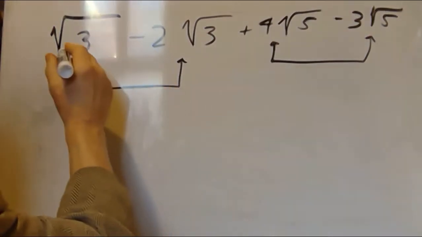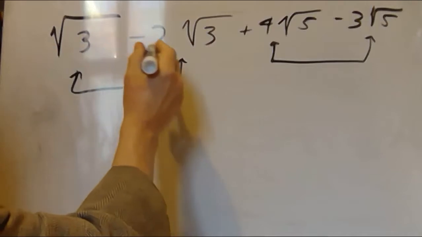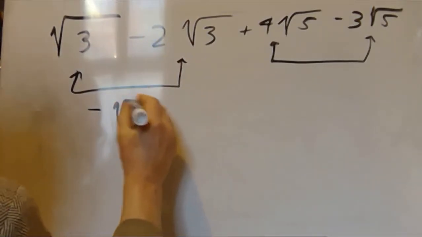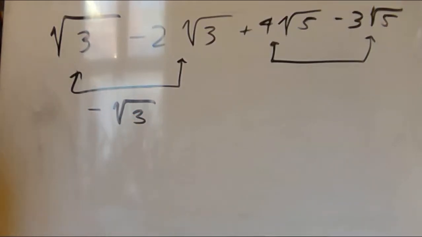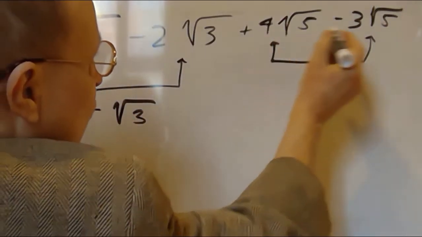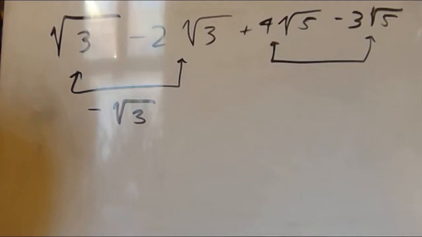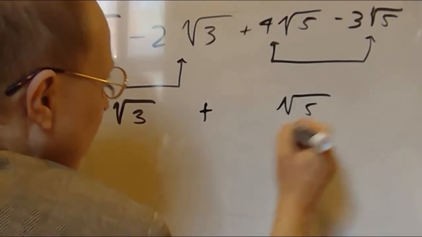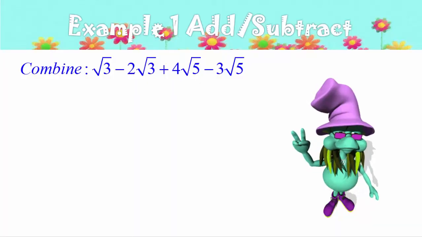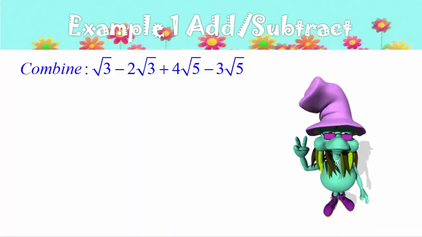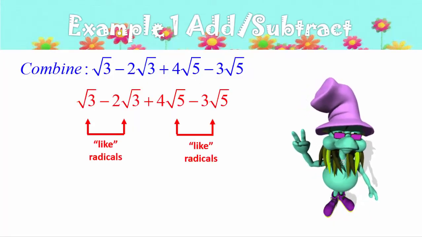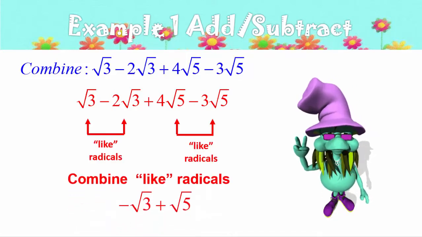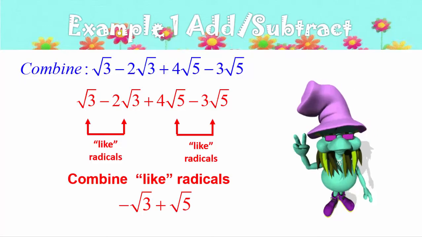So that means 1 minus 2 square root of 3 will give us the negative square root of 3. And the next one, we have 4 minus 3, so that'll give us plus square root of 5. Reviewing what we just did in example number 1, we combined the like radicals, and we got negative square root of 3 plus square root of 5.